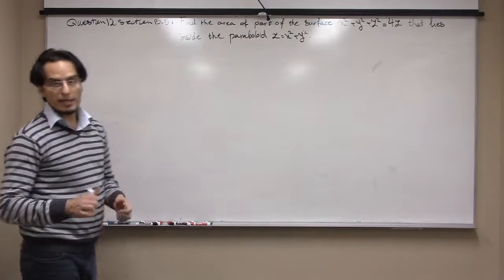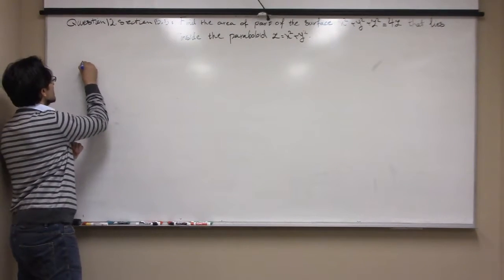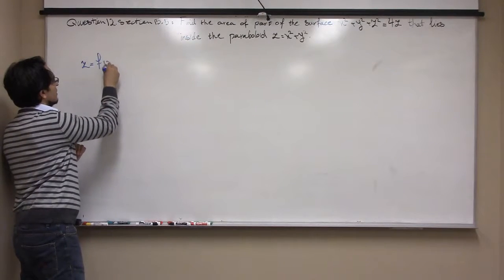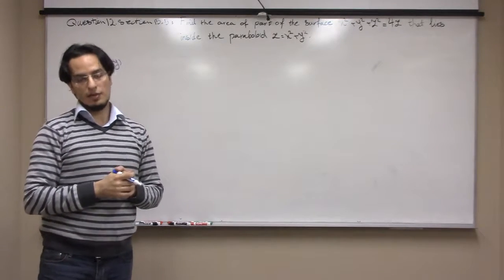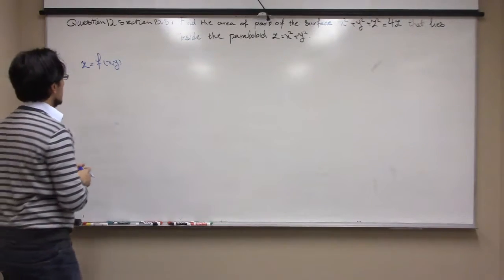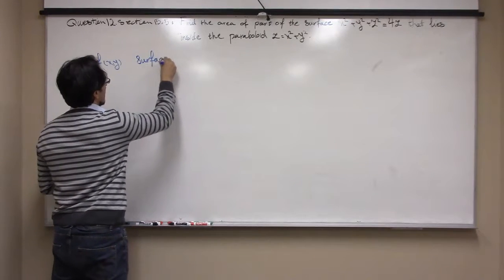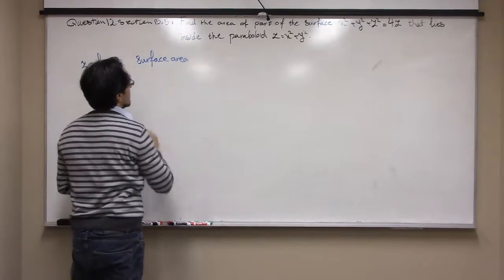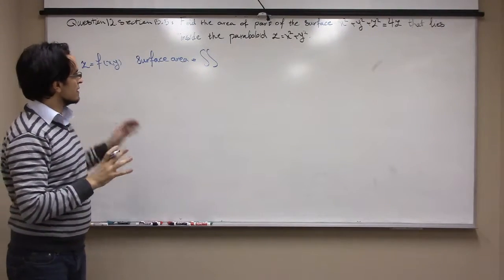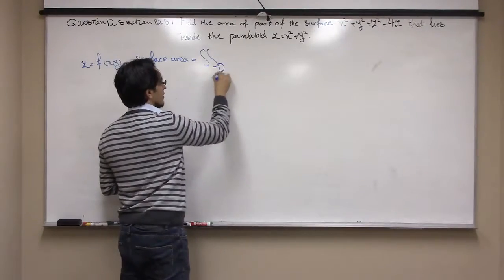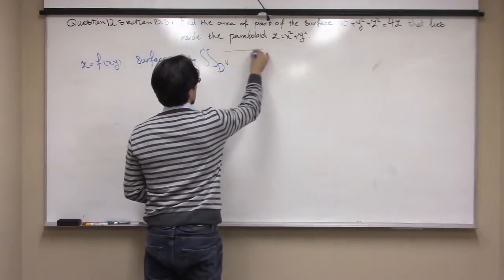So, a very quick review for the surface area. If a surface is given by a function of two variables f(x, y), then the surface area of the part of the surface lying above the region D is given by this double integral.